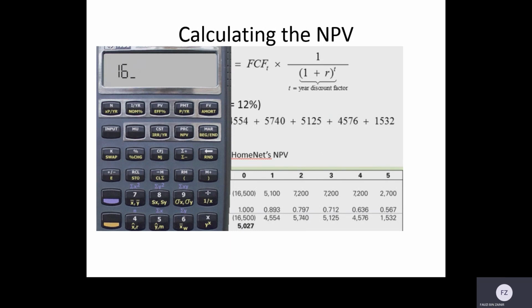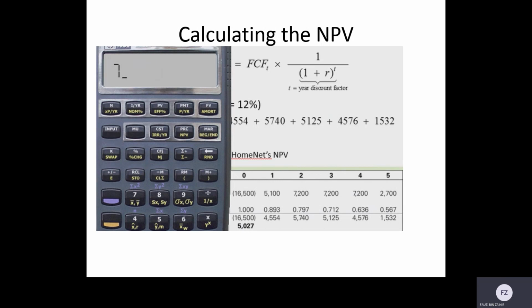You press 6,500 for year 0, indicate the minus sign, then CFJ, because that is your initial investment of $6,500, which is a cash outflow. Then you have 5,100, CFJ. That is for year 1, and from year 2 to year 4 you repeat the same figure.